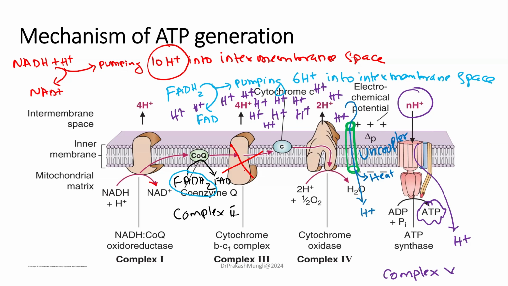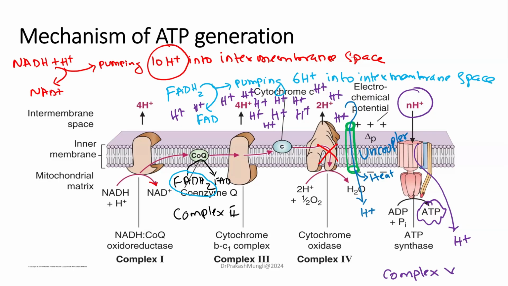Like this, the inhibitors of the electron transport chain will work based on where you are inhibiting it. Similar mechanism if you inhibit complex 4: the same thing.